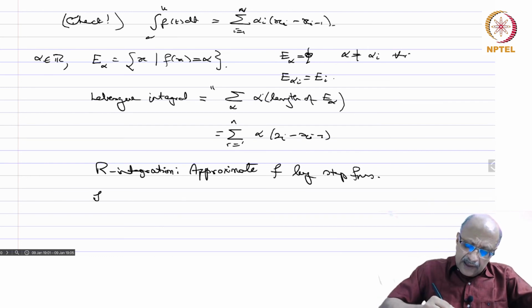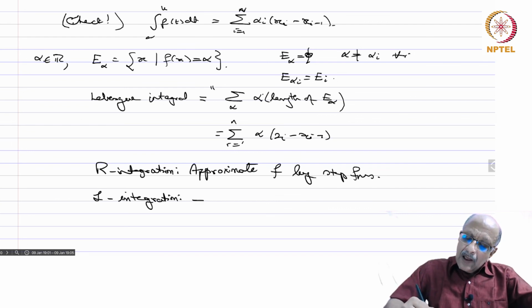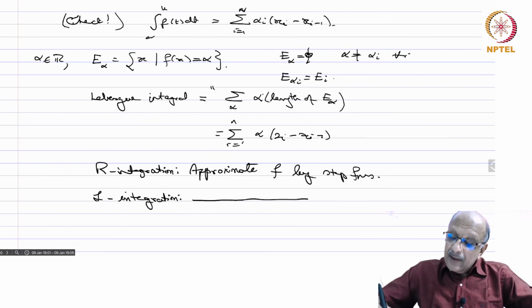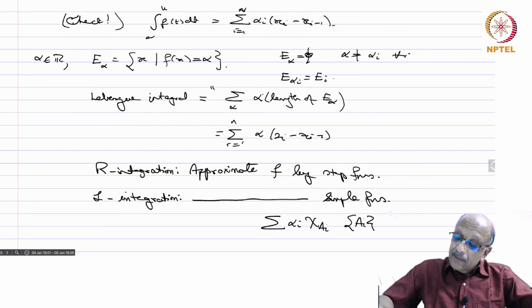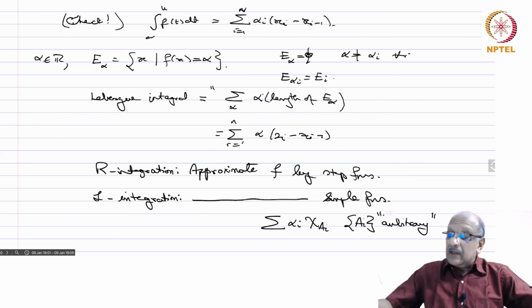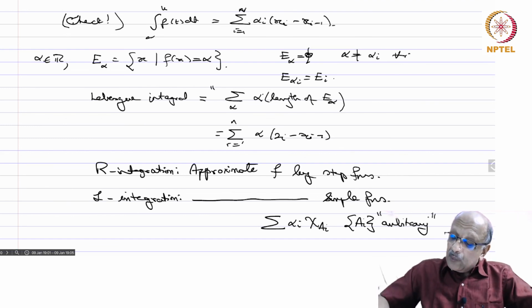Now, what is Lebesgue integration? Approximate f by simple functions. That means sums of alpha_i times chi of A_i, with A_i arbitrary sets. Again, it can't always be arbitrary, so I'll put it within inverted commas. We will see these things.